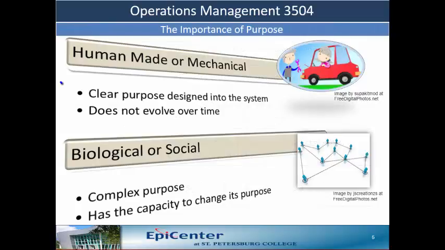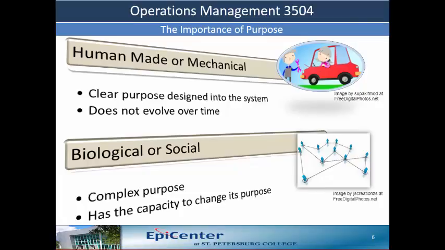The intended purpose of a human-made or mechanical system is clear, at least at the beginning. For example, the purpose of a car is to take you places. It is designed with this purpose in mind and will continue to do so unless the car is not maintained.